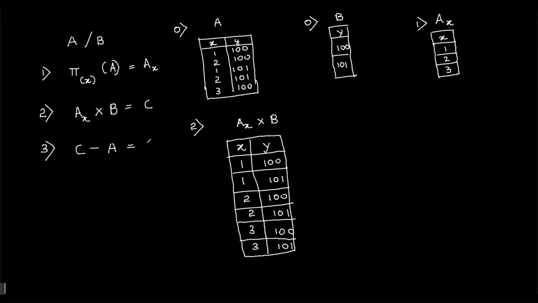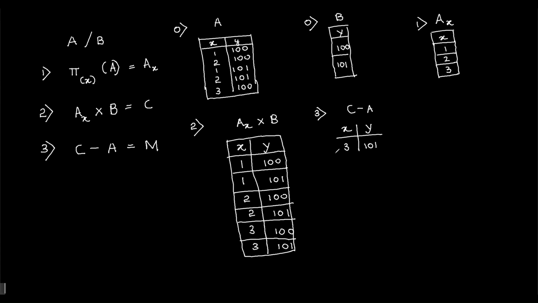Let's say this is M. So the third step is finding the set difference. We can use the word minus when speaking in relational algebra to say set difference. So C minus A will leave us with X, Y, only 3, 101.